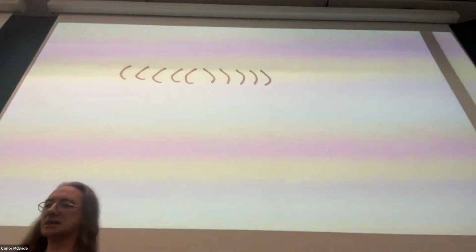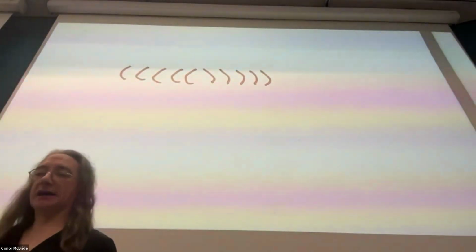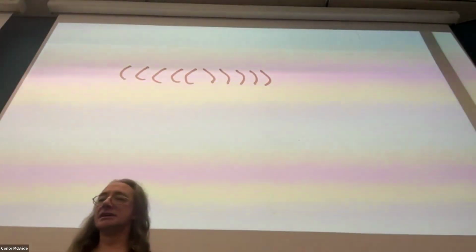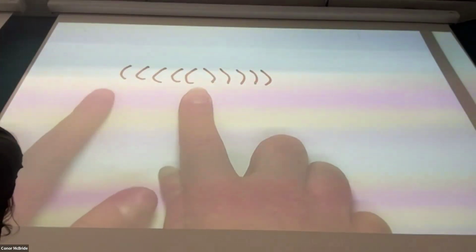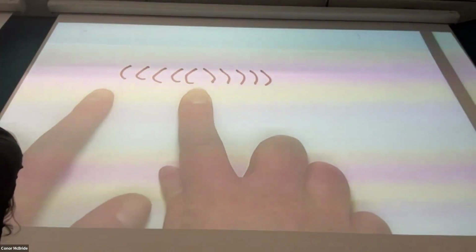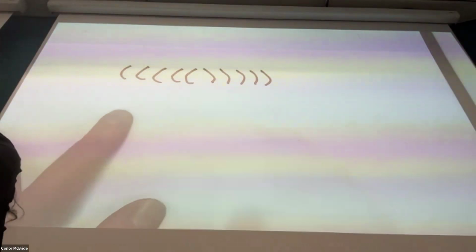Yeah, fantastic. Right. But the pumping lemma says that I can find, in the first 5, a non-empty substring that I can either delete or repeat as many times as I like.